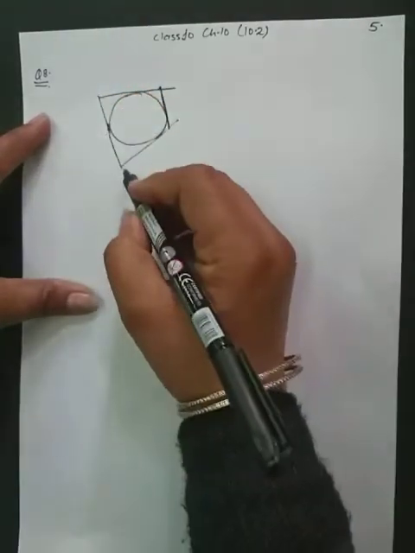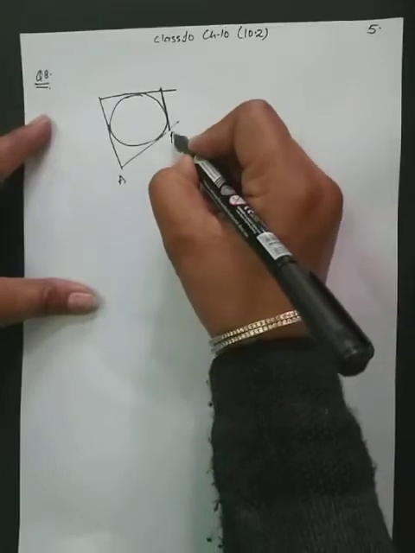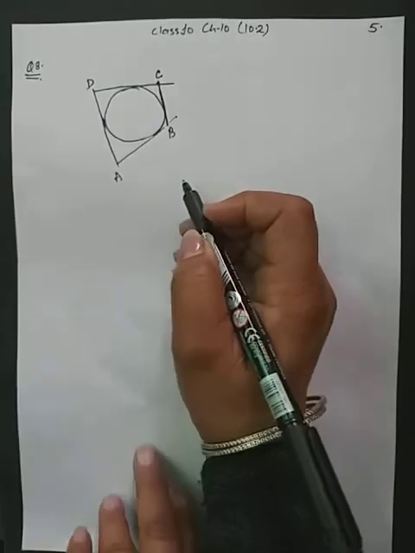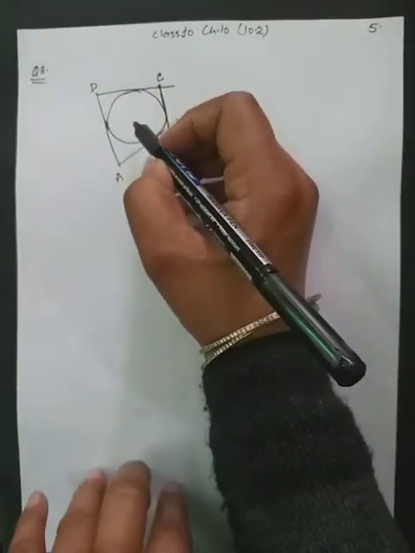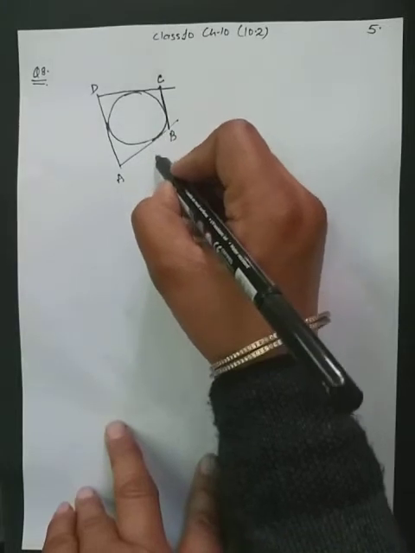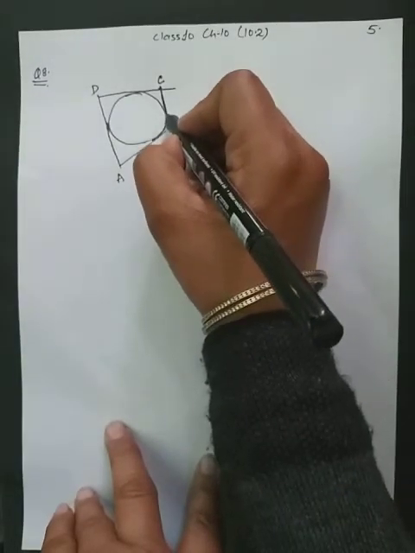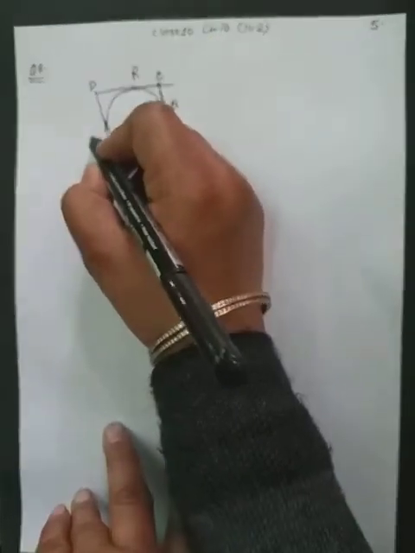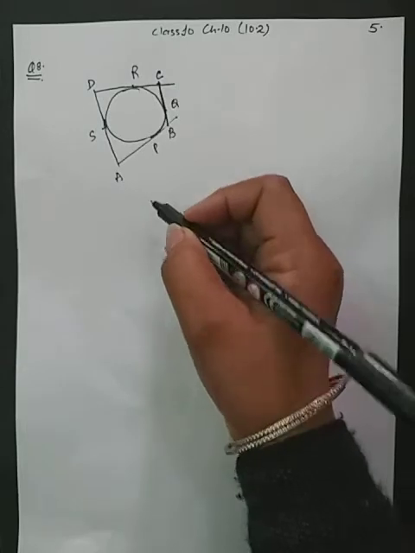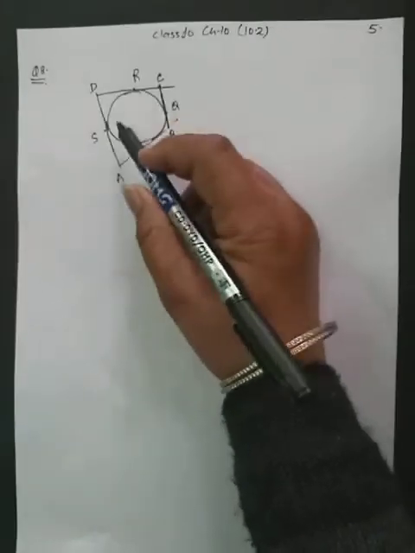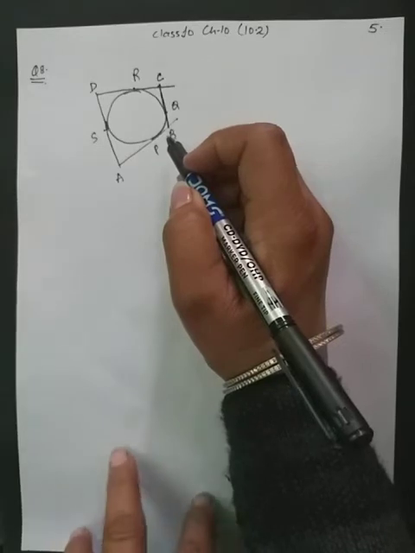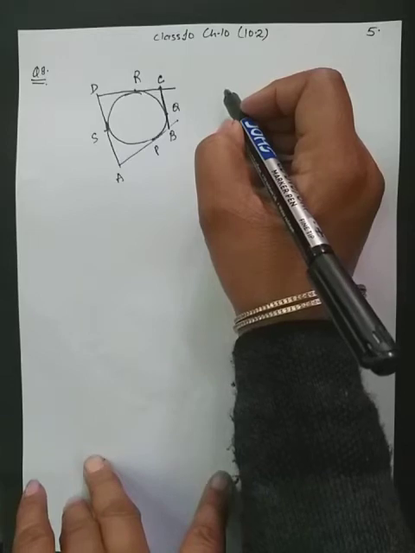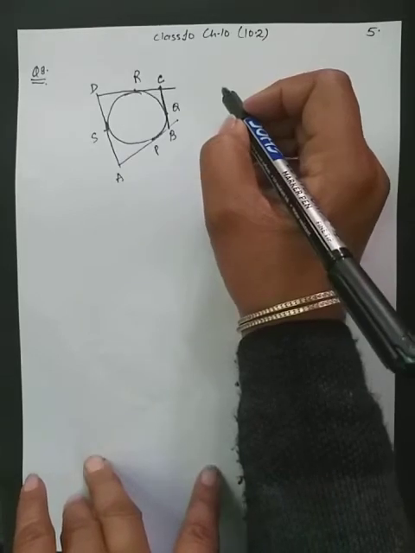So in figure A, B, C, D. This is a quadrilateral whose sides touch the circle. AB touches the circle at point P and BC touches at Q, CD touches at R and this side touches at S. So we can say that these four sides of quadrilateral are tangent to circle, and we have to prove that AB plus CD is equal to AD plus BC.